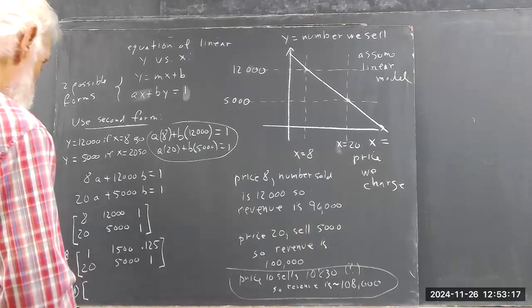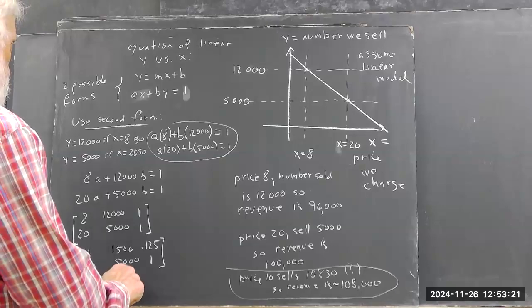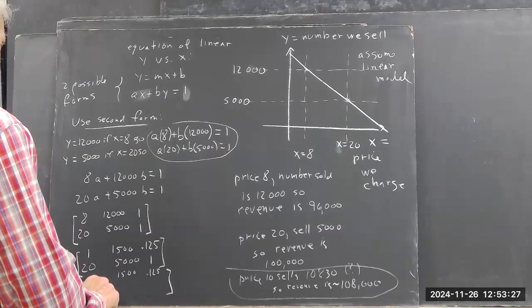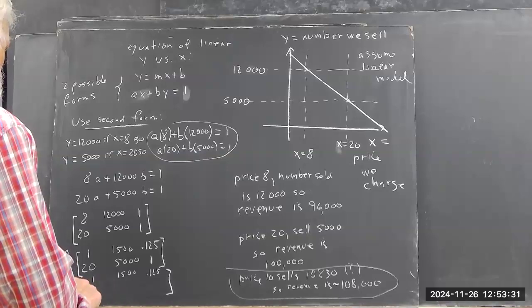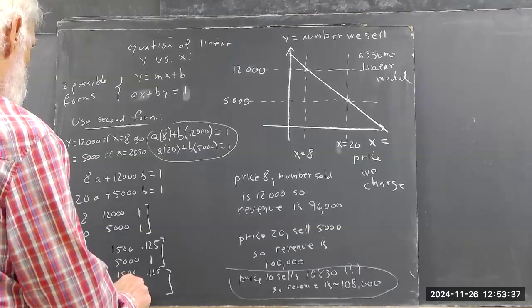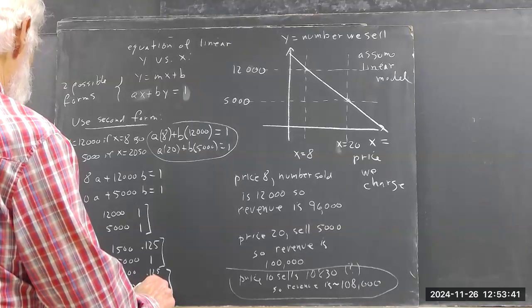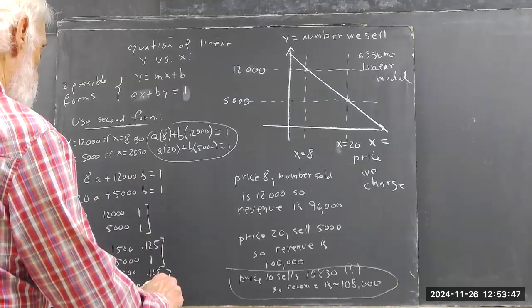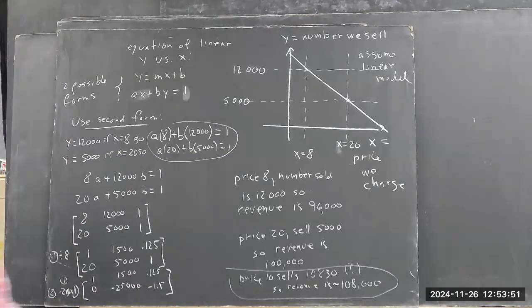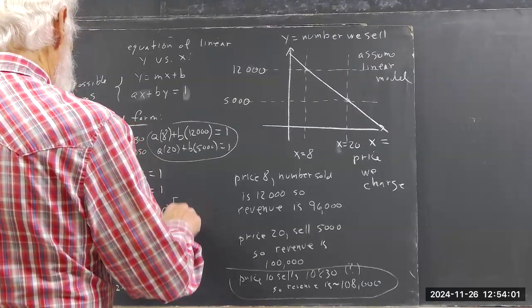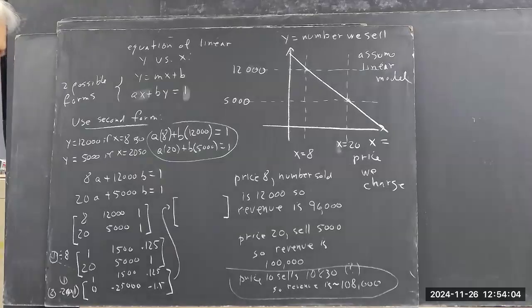This might be a little hard to read. We have 1, 1500, 0.125, and then 0. 20 times 1,500 is 30,000, so we have negative 25,000, and 20 times 0.125 is 2.5, so it's negative 1.5. I think that's right.